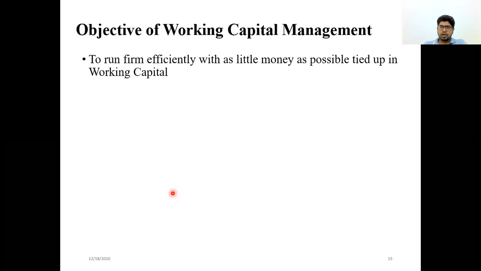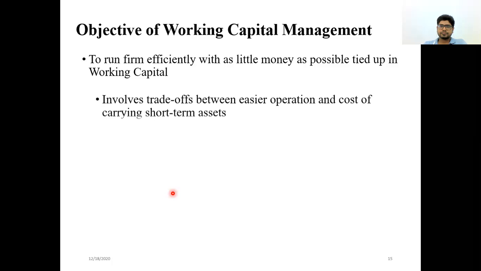And now we'll move to the objectives of working capital management. To run efficiently with as little money as possible tied up in working capital. So our objective is, if you are an efficient financial manager, as much as possible you have to reduce the amount of investment in working capital because it does not make any profit.